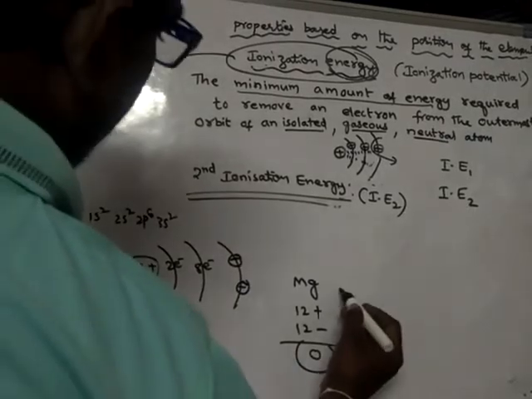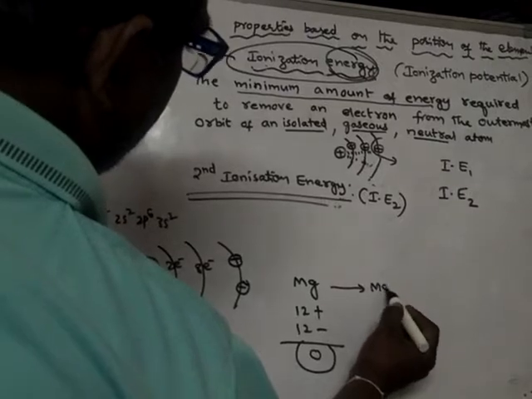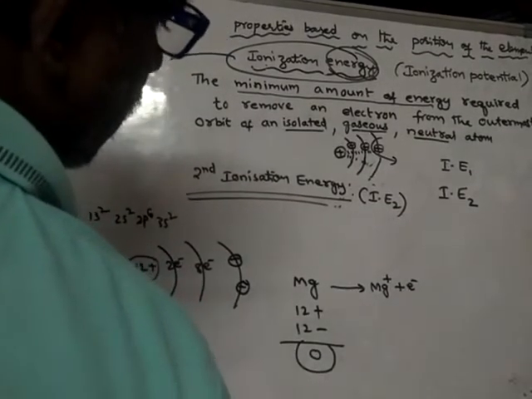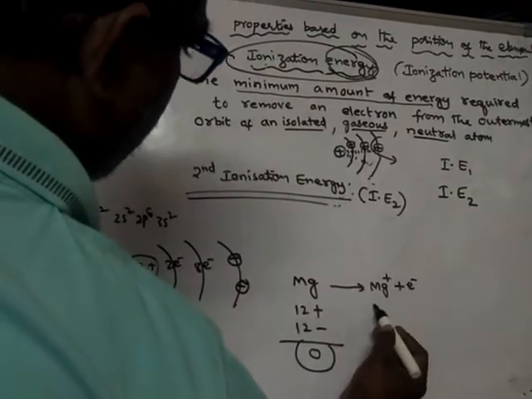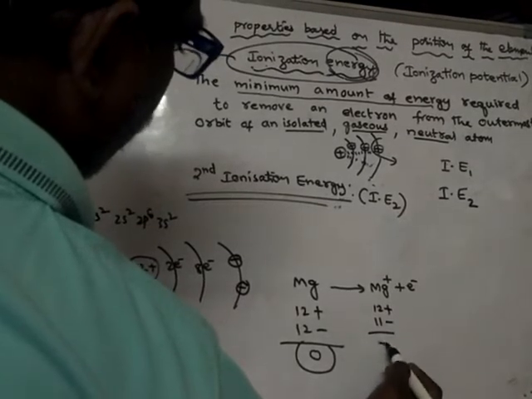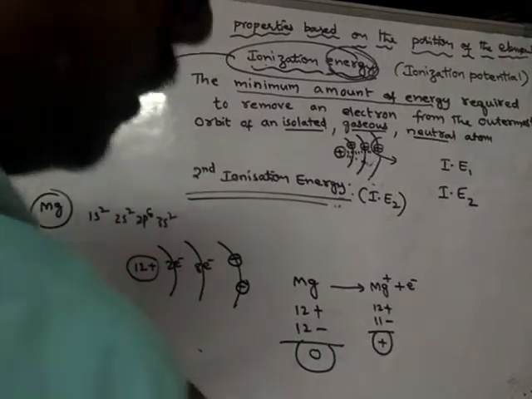Suppose I want to take out one electron. Magnesium will become Mg plus after taking out one electron, because after taking out this electron, there will be 12 positive charges but only 11 negative charges. So the net charge on the atom will be 1 unit of positive charge.